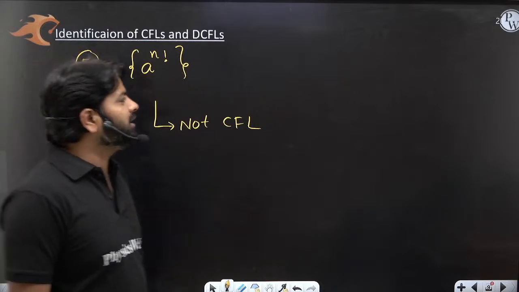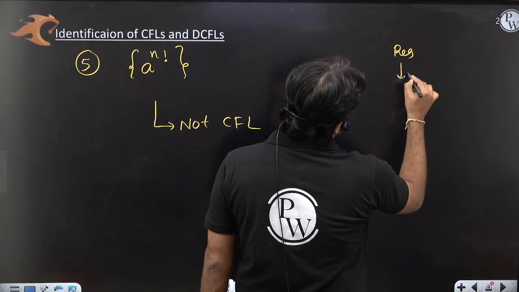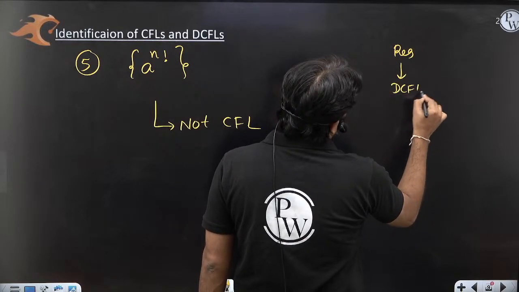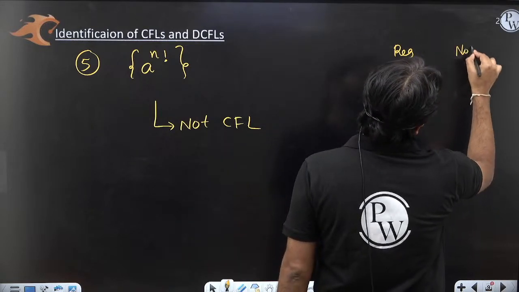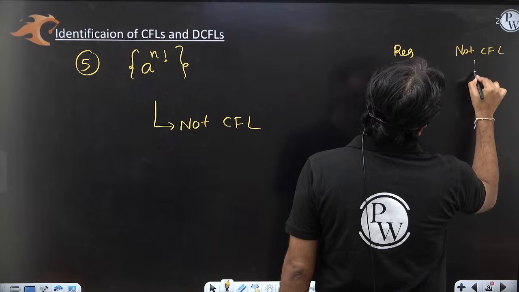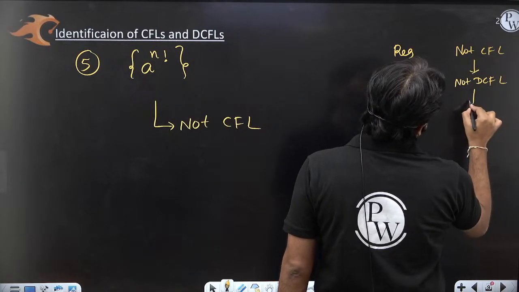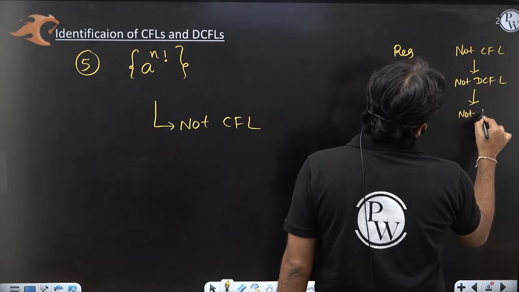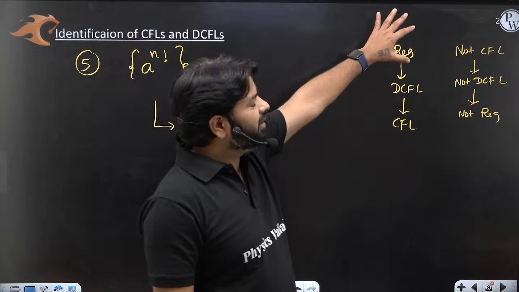So keep in mind, if anybody says regular, it means DCFL and also CFL. But if anybody says not CFL, it implies not DCFL, and it also implies not regular.